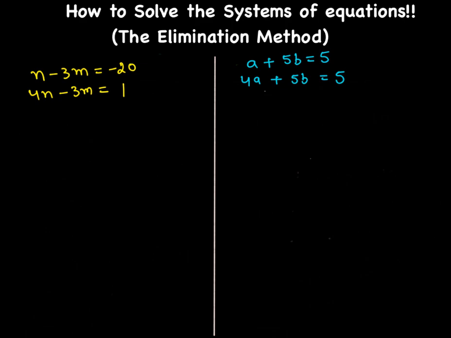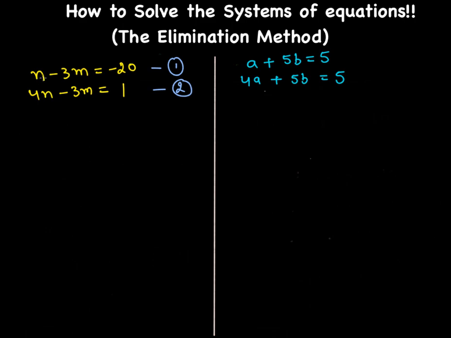Again, I'm going to name my equations equation 1 and equation 2. Now look at them carefully. This one is n minus 3m is equal to negative 20, and this one is 4n minus 3m is equal to 1.